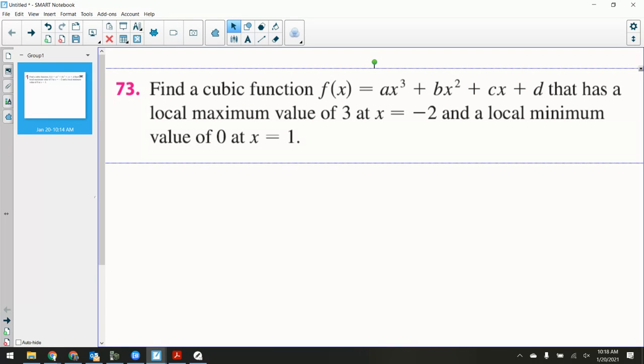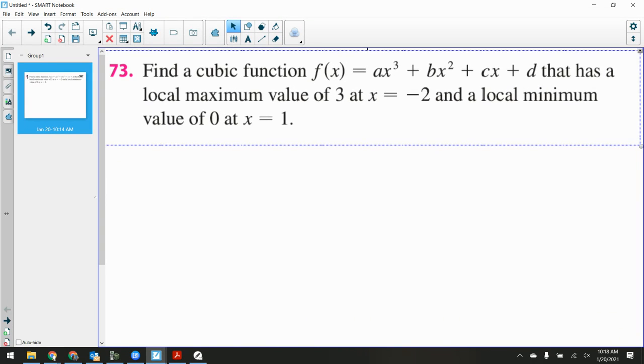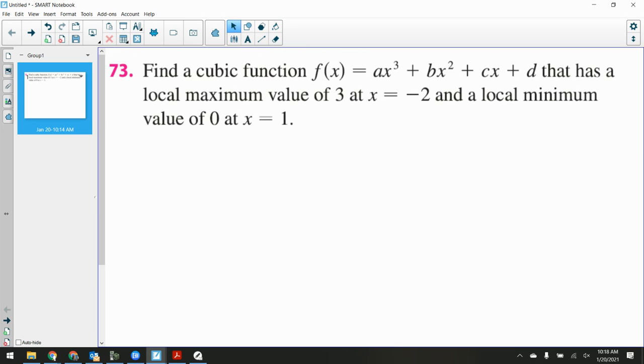All right, find a cubic function that has a local maximum value of 3 at -2 and a local minimum value of 0 at x equals 1. Okay.